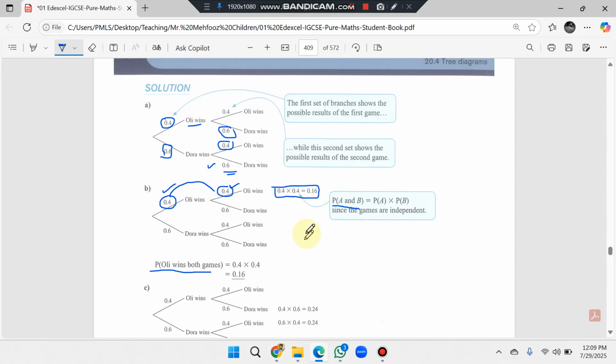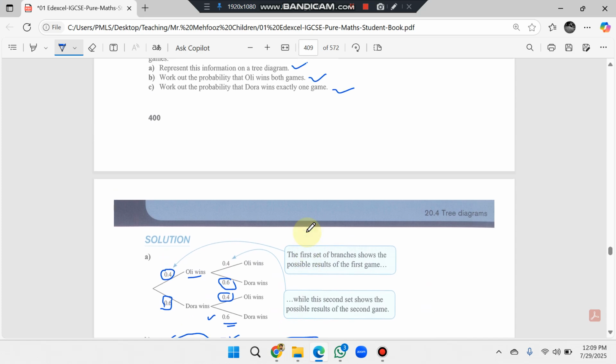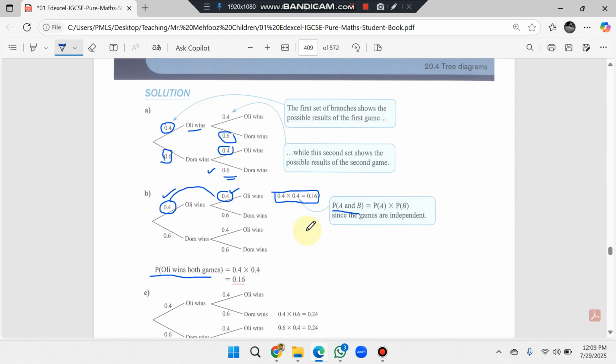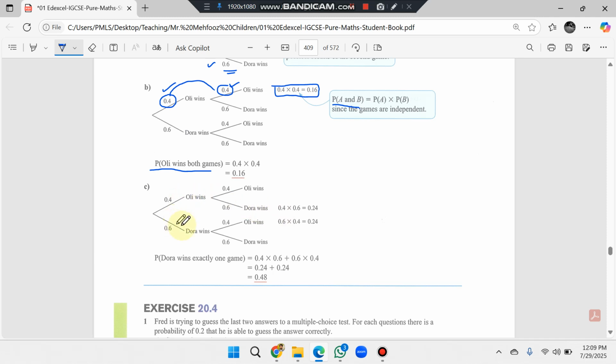Okay, good. Next one is part C. We have to calculate the probability that Dora wins exactly one game. So in this case, there are two branches of the tree diagram in which Dora wins only one game.